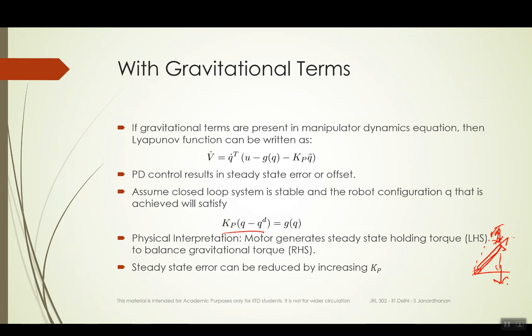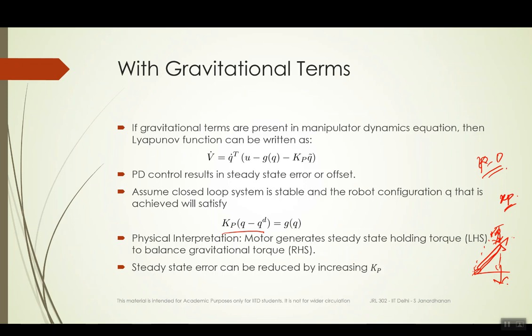Like the case where you only had the PD controller without the integral part, in the independent joint control case, now too you have a steady state error when there is a gravity term here.